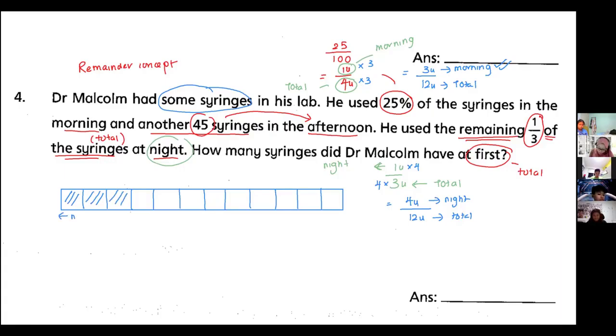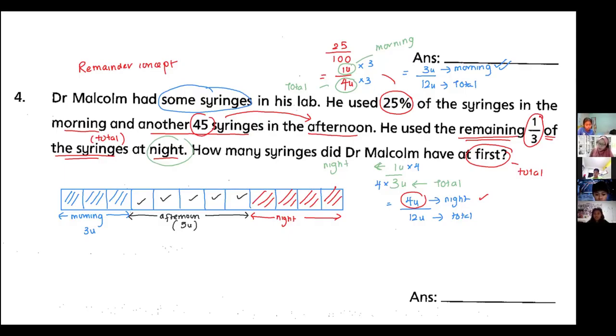This is my morning, which is 3 units. Then I know at night is 4 units, right? My night is 4 units. So 1, 2, 3, 4. This is at night. Which means the balance, the unshaded portion, will be in the afternoon. So afternoon is 1, 2, 3, 4, 5 units.